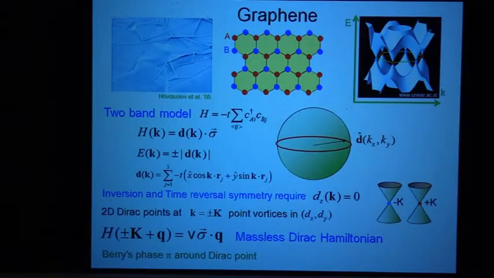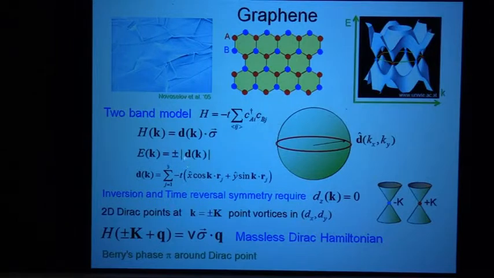In two dimensions, you can have point-like defects around which this D vector wraps by 2 pi, sort of like a vortex in the XY model. Those are things which would be topologically stable.